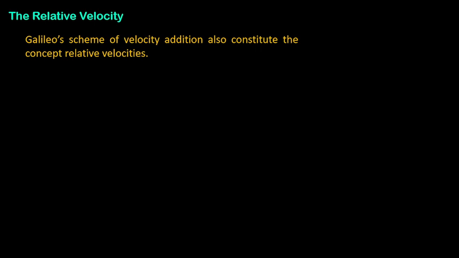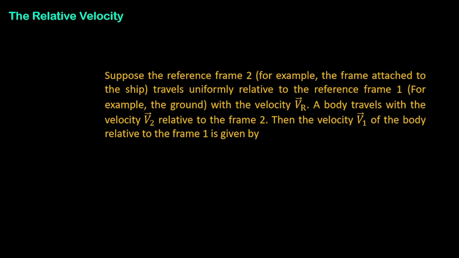Galileo's scheme of velocity addition also constitutes the concept of relative velocities. Suppose the reference frame 2, for example the frame attached to the ship, travels uniformly relative to the reference frame 1, for example the ground frame, with the velocity Vr.